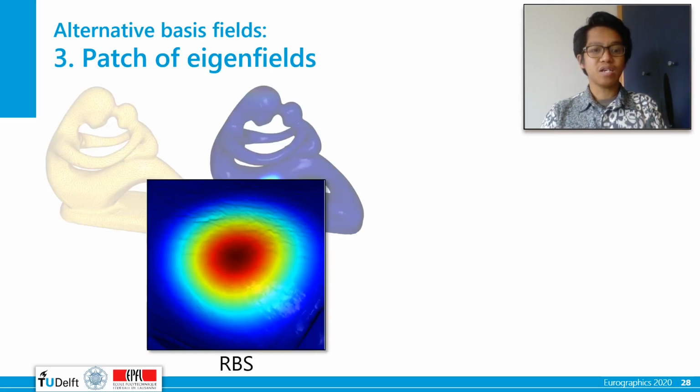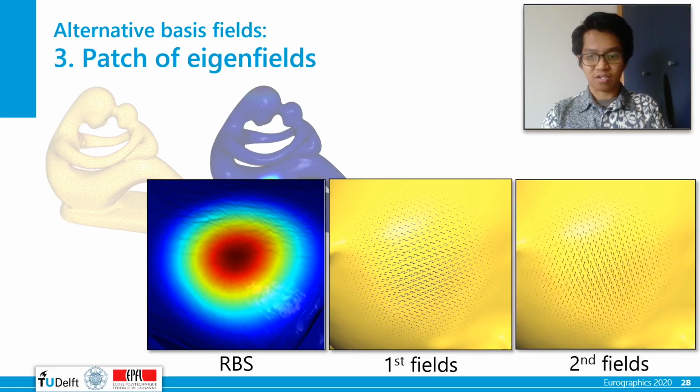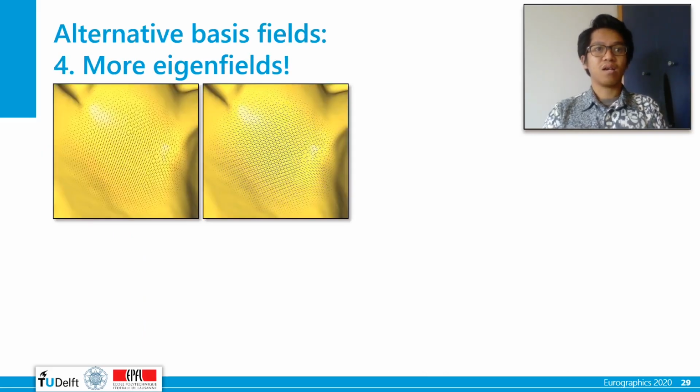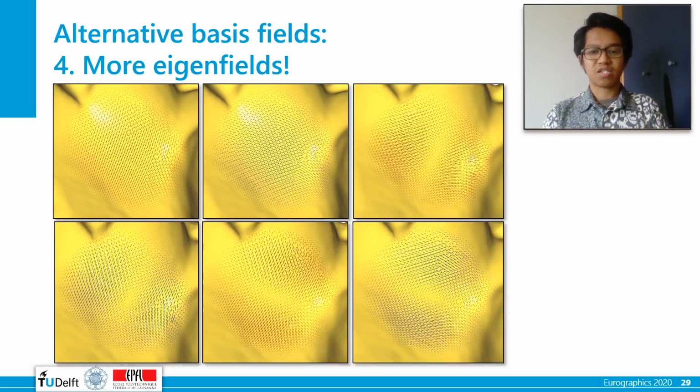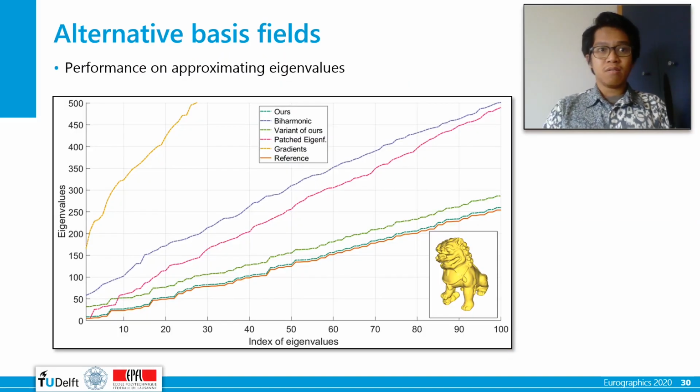We use the result as the basis for our locally supported fields. One other possible choice of basis is to take not only 2 but more eigenfields per selected region. So instead of 2, we could take 3, 6, or even 10. But now let's see why our construction is better.